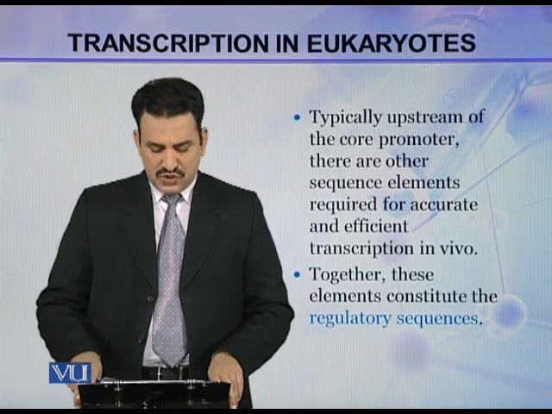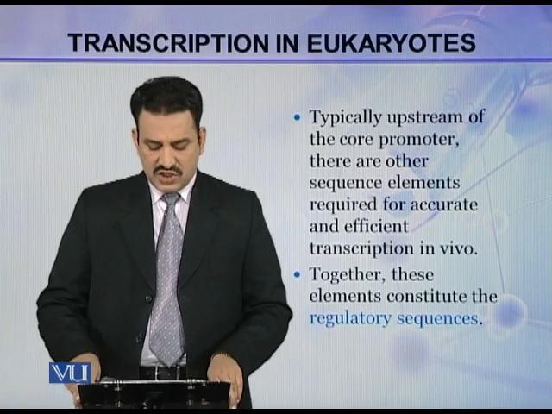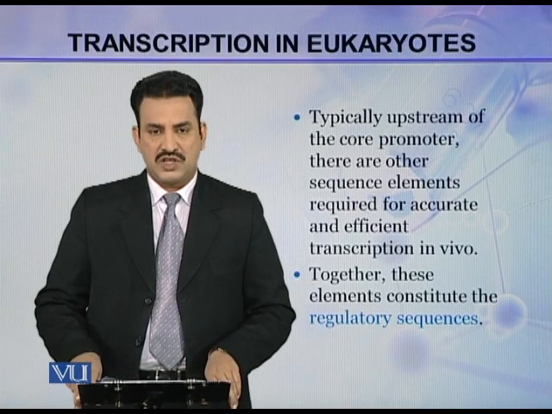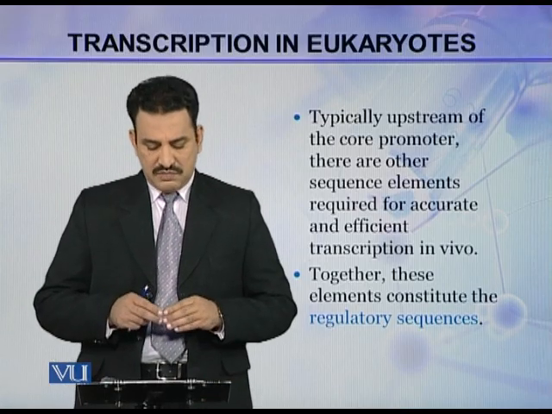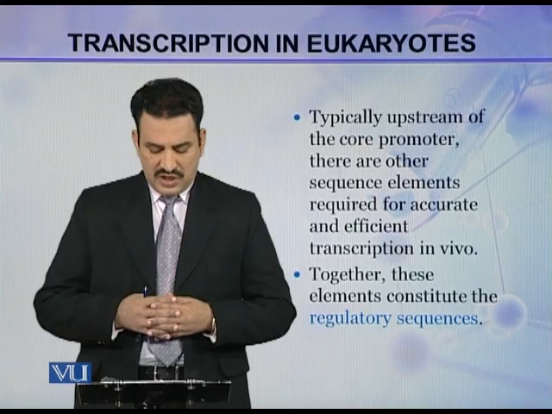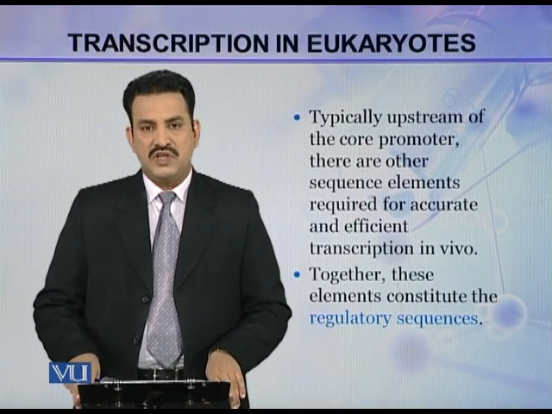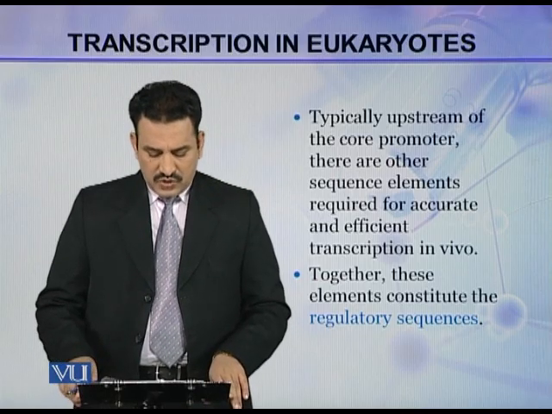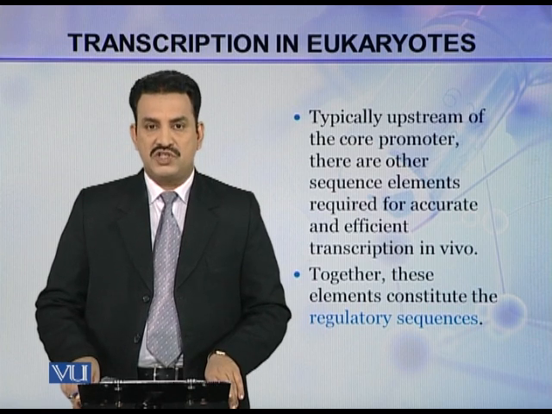Typically, upstream of the core promoter, there are other sequence elements required for accurate and efficient transcription in vivo. So in vivo, there are some additional elements which are present upstream of the core promoter. Together, these elements constitute the regulatory sequences.